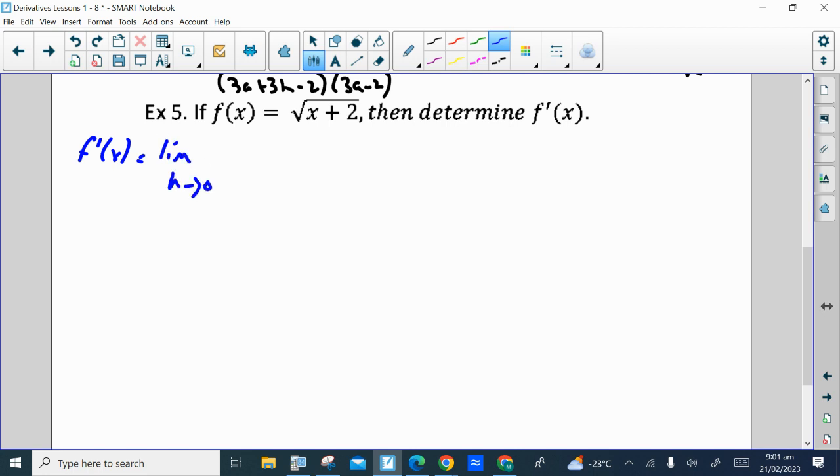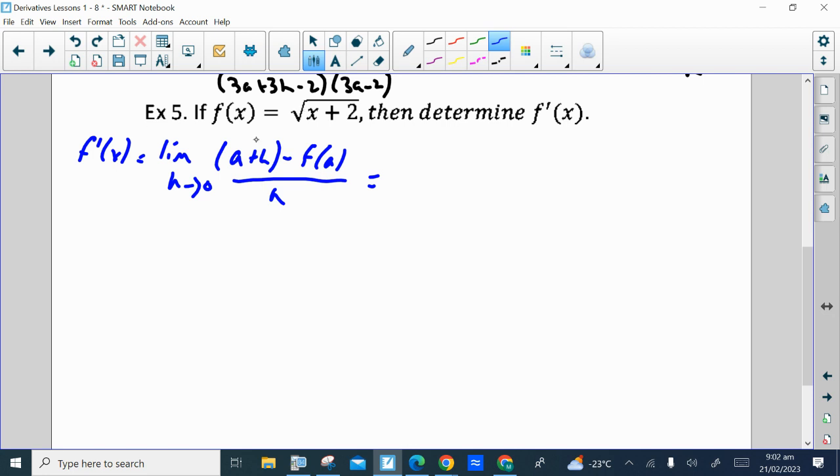Let's write out the equation we're using once again. But I'm going to replace the a with the x right at the start. So wherever I see a, I'm going to replace it with x.